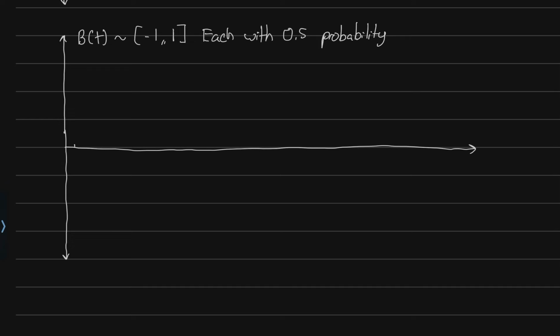Cool. So let's say I start at 0. And then at 1, I can either go up to 1 or -1. And then from 1, I can either go up to 2 or 0 again.